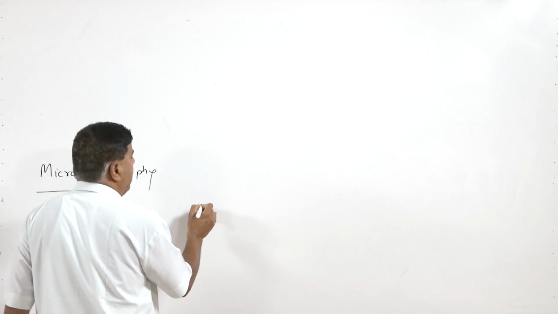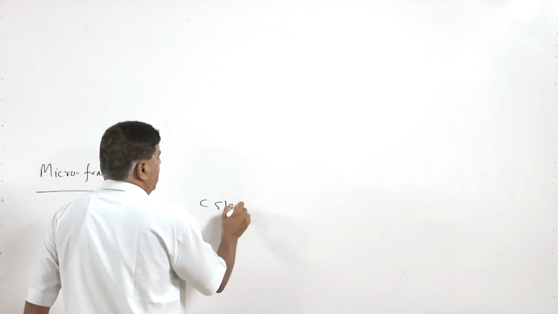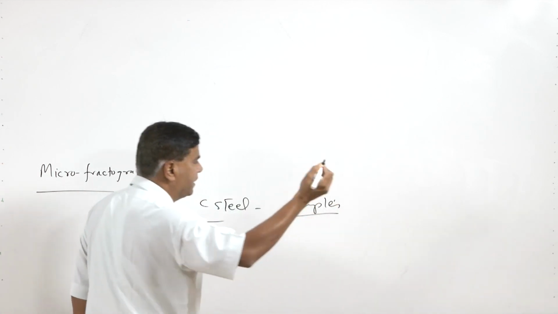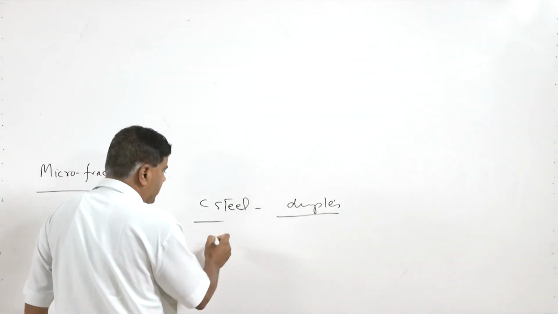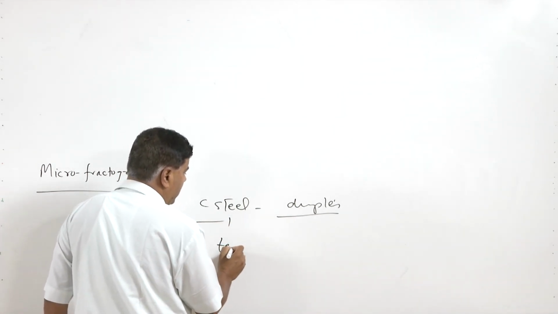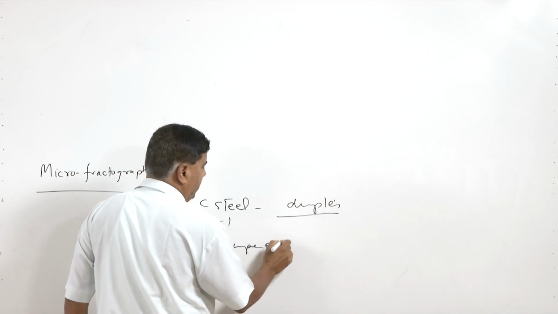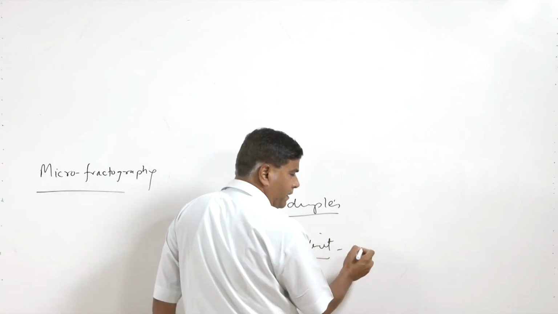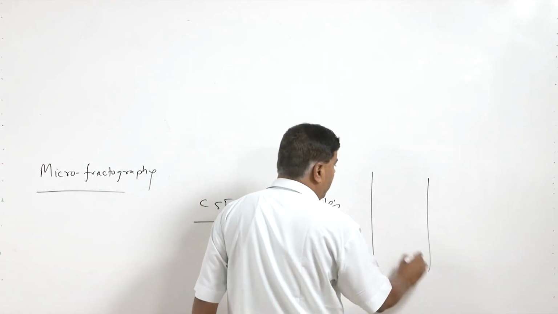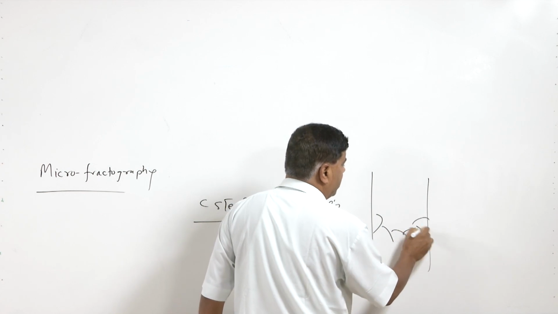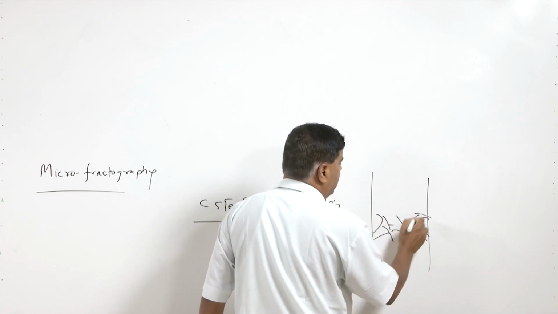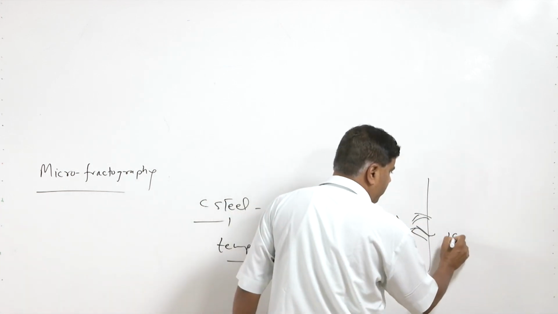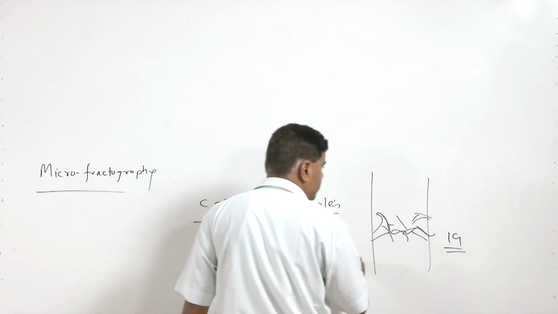A simple carbon steel normally shows the presence of dimples on the fracture surface, indicating ductile fracture, but if the same steel is subjected to heat treatment in the temper embrittlement range, then temper embrittlement causes the precipitation of certain unfavorable constituents at the grain boundaries, and that in turn leads to intergranular fracture.